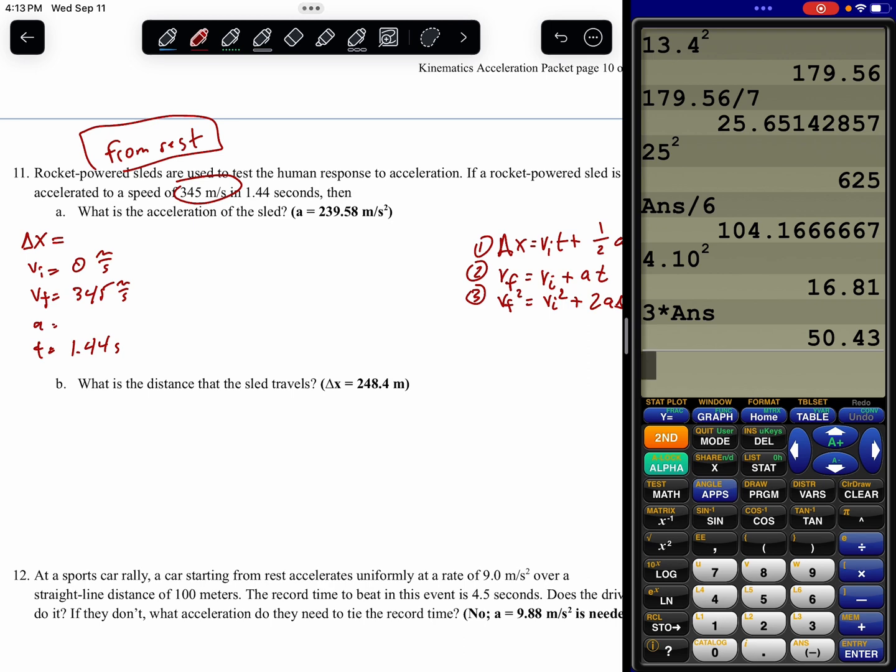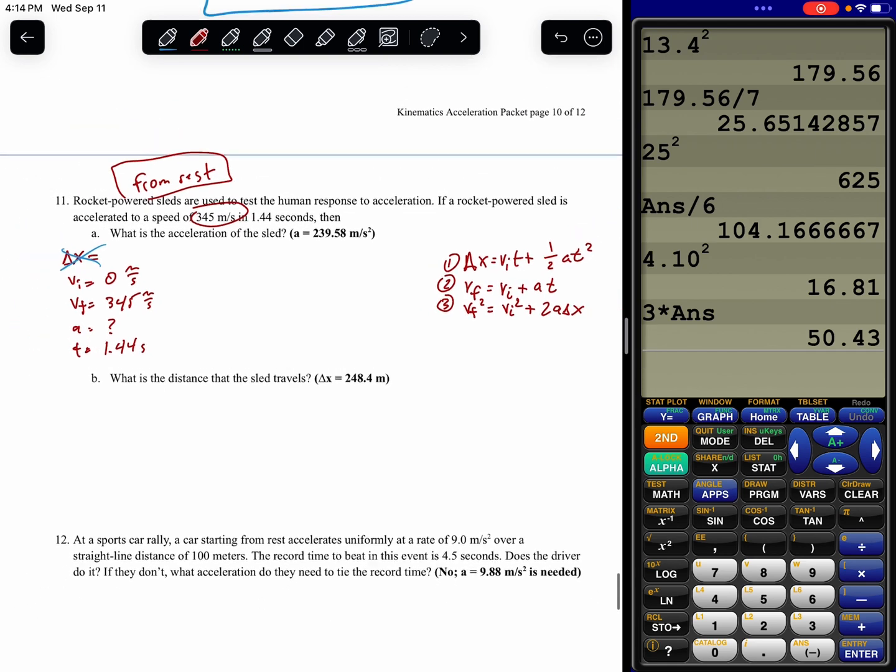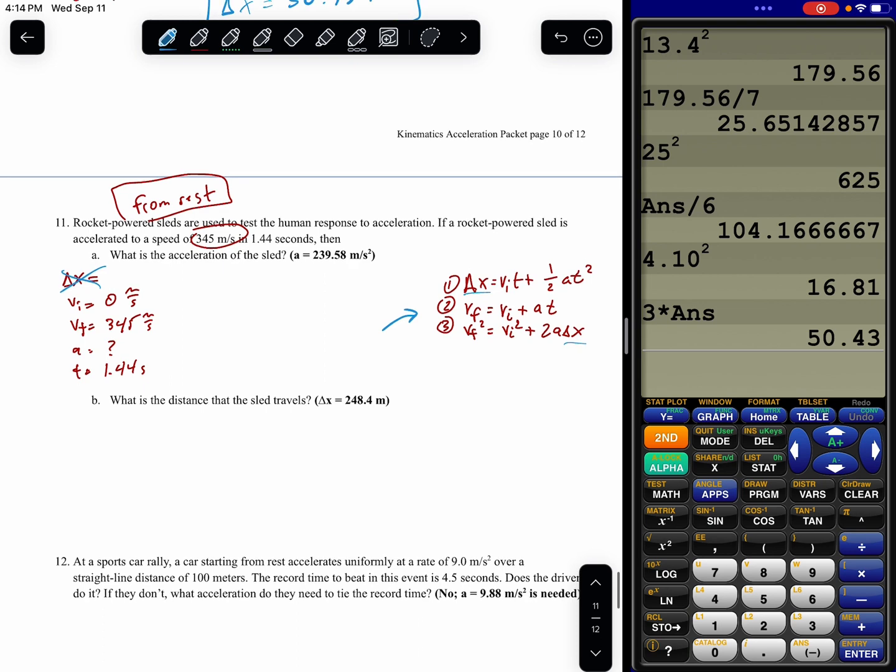Awesome. We're looking for acceleration. We do not care about delta x. Let's go ahead and cross that out. And so we're looking for an equation that does not have delta x in it. If we look over here at our equations, equation 1 has delta x, equation 3 has delta x. Let's go ahead and use equation number 2.